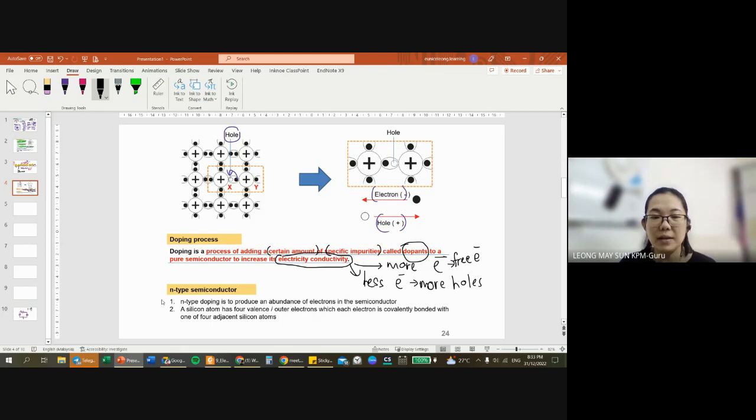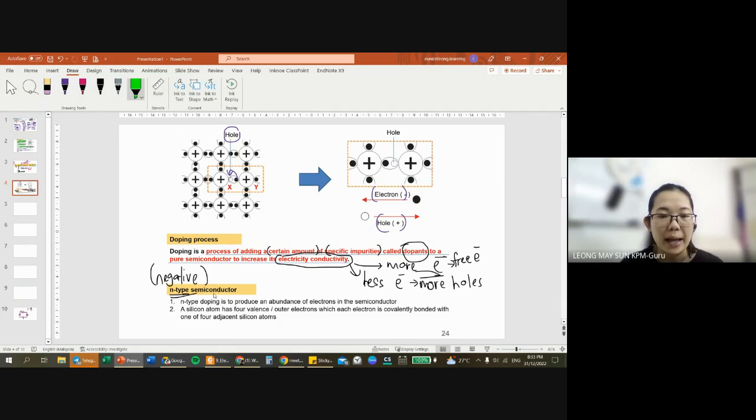The first thing is the N-type semiconductor. N-type comes from the word negative, a negative type of semiconductor. In physics, when we say it's a negative type of semiconductor, it means that it has more electrons. Why?